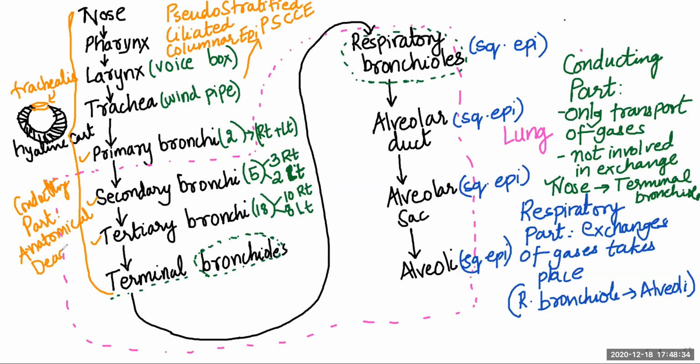The air inside this is not exchanged, so it's called dead space air. And the volume of air in the anatomical dead space is 150 ml. Anatomical means structure, so the structure itself is such that it has dead space.